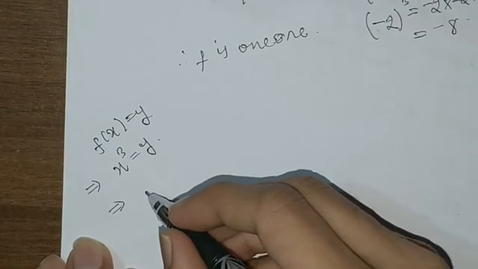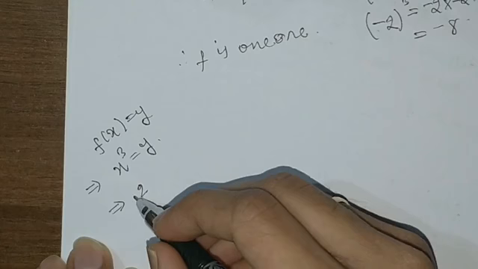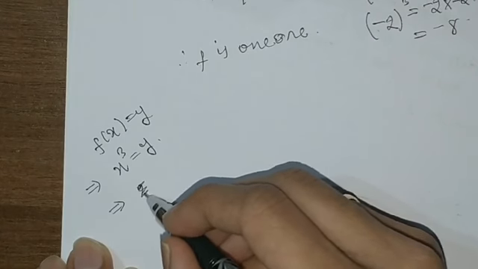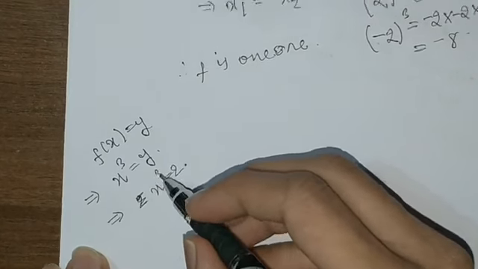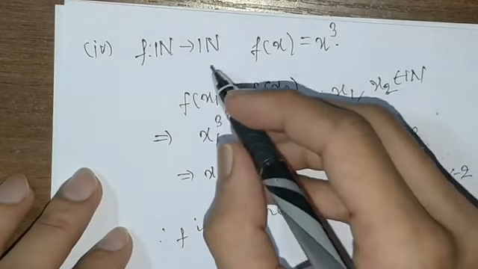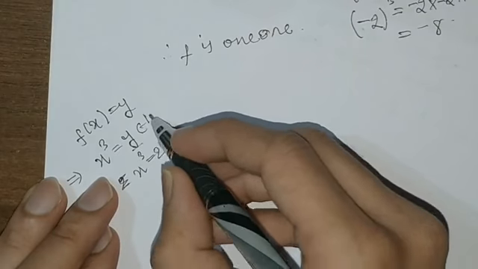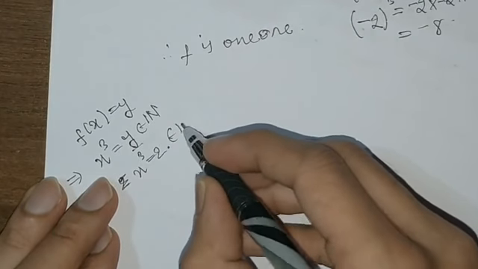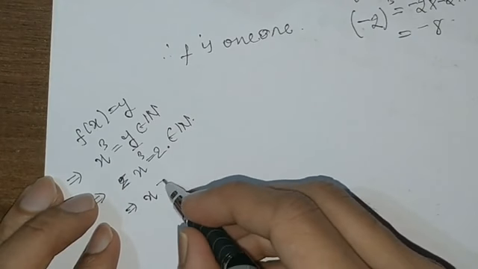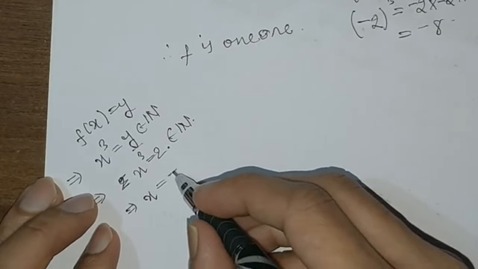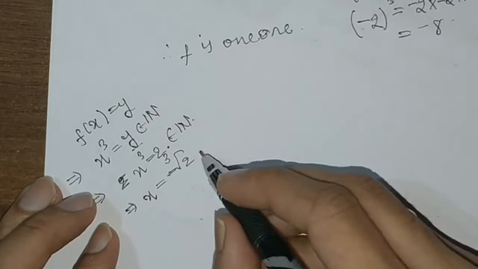So that means if you take y equal to 2, because y should be in the natural numbers, so this 2 is in the natural numbers, right? So x is equal to cube root of 2, right?